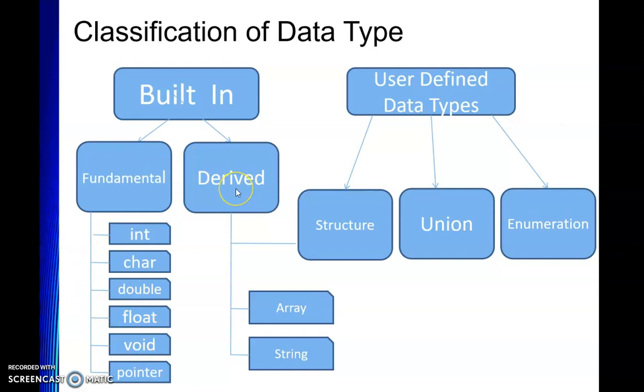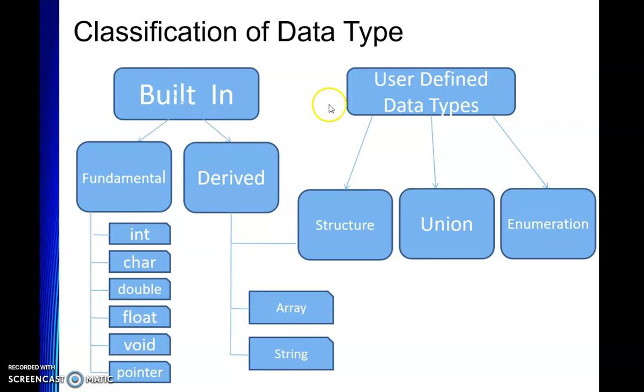For the derived data type, we have array and string, and for the user-defined data type, we have structure, union, and enumeration. So all will be discussed. I will not tell you now what exactly structure, union, and enumeration are. At the end of this slide, I will give you just an idea about array and string.